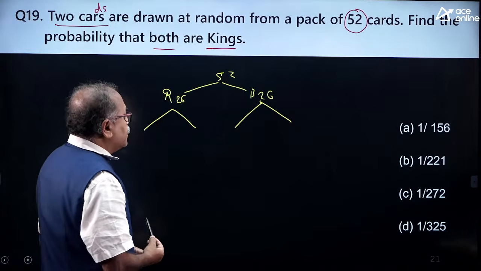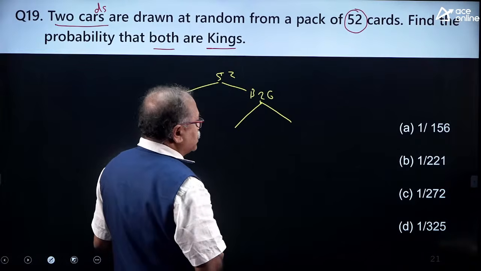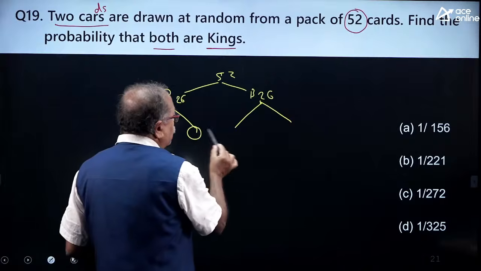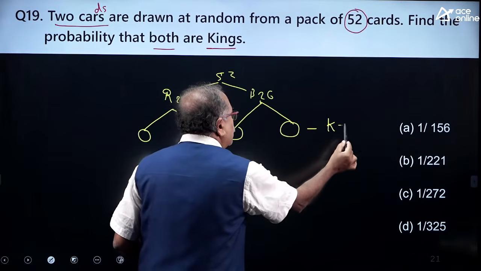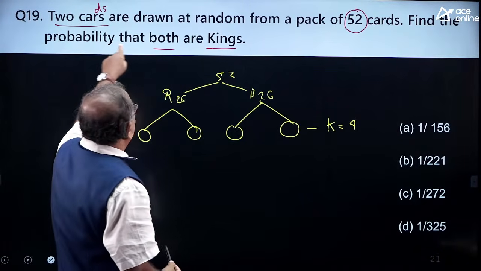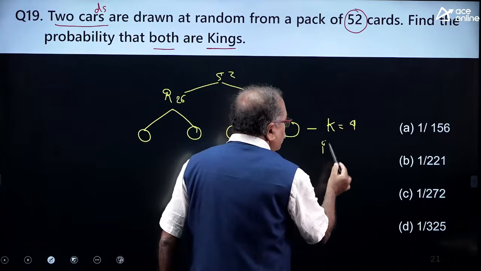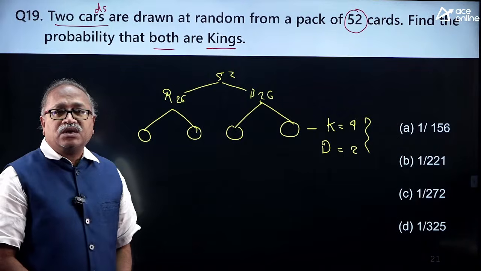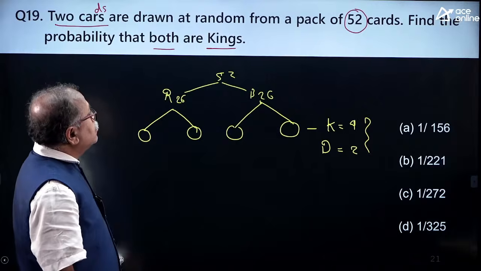In the 4 suits, you have 1 king here, 1 king here, 1 king here, 1 king here. So overall the number of kings are 4. Now you are drawing how many cards? Default drawing 2 cards. So your favorable is 4C2. And what is the total outcome?